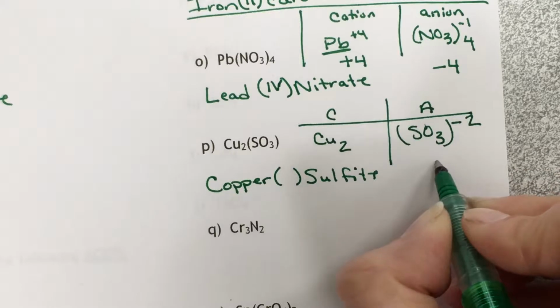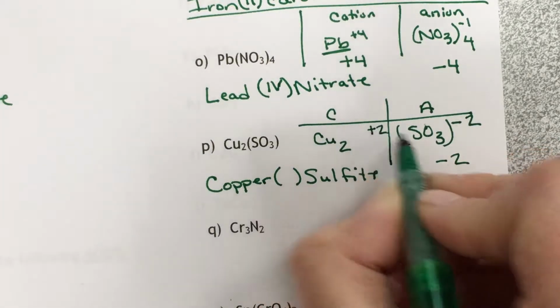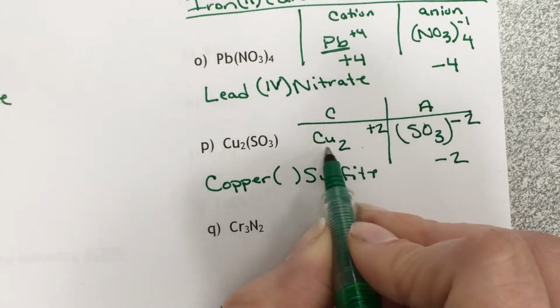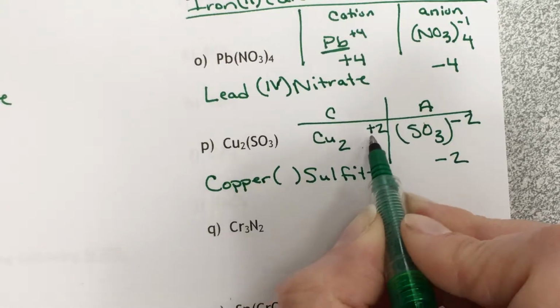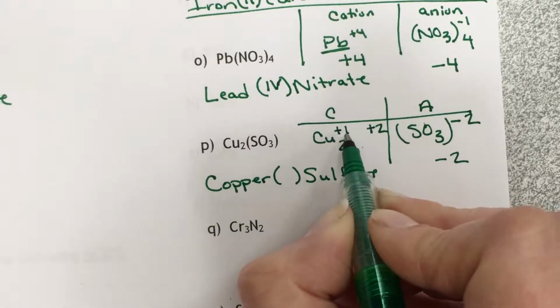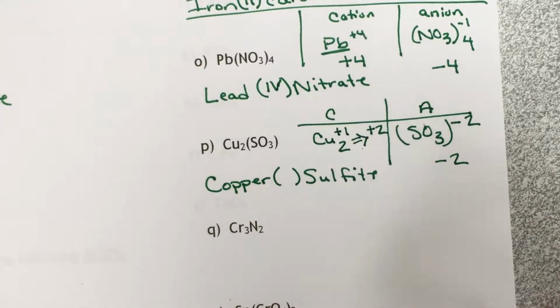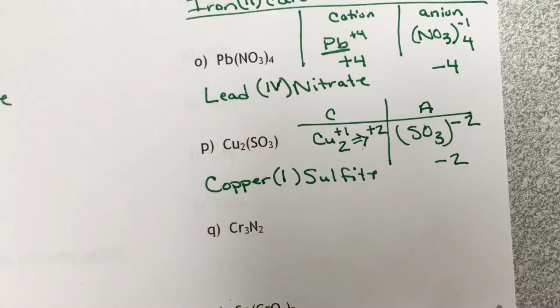So we have a -2 charge overall on this side. So that means we have to have a +2 charge overall on the cation side. So we have 2 copper ions to distribute this +2 charge. So if this was a +1 charge and we had it twice, that would equal the overall charge it should be. So you can assume that it's copper 1 sulfite, okay?